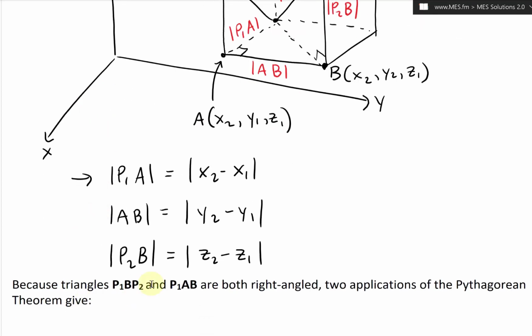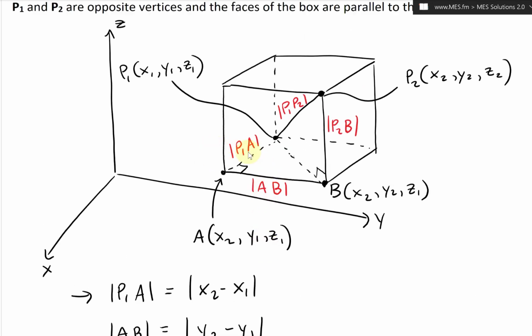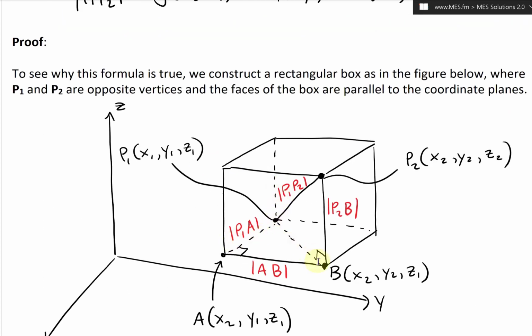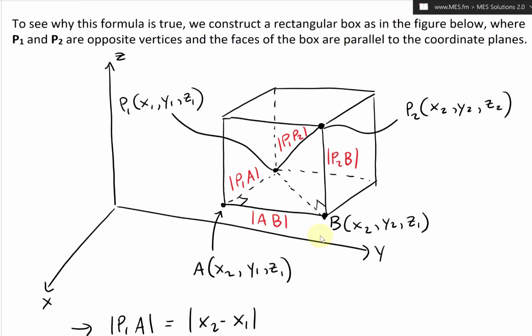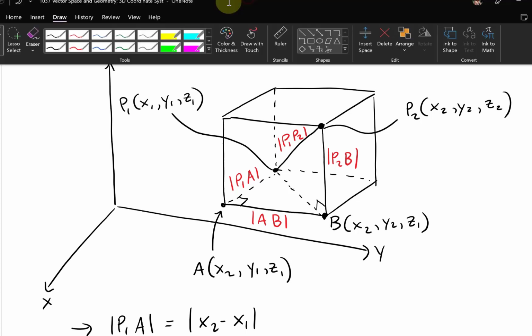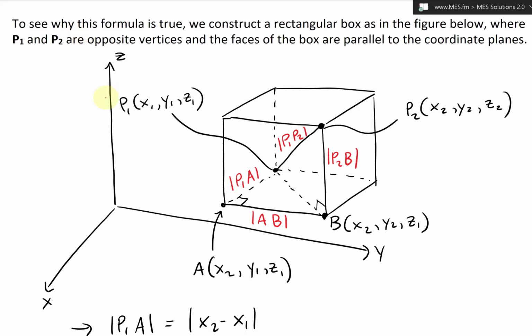Now that we have this set up, we notice we have two right-angled triangles. We can find this distance, P1B, and then solve this distance up top, P1P2. I'll change this back to red. P1B is down here.